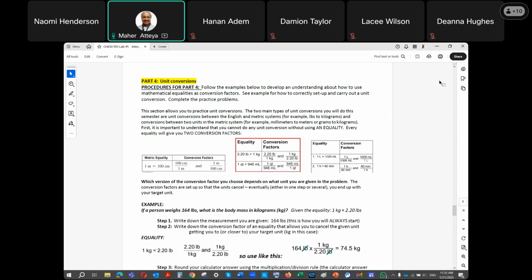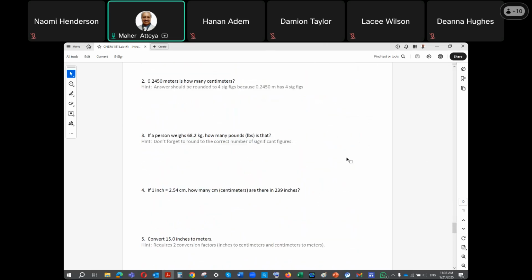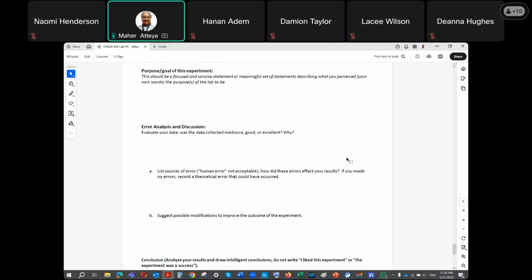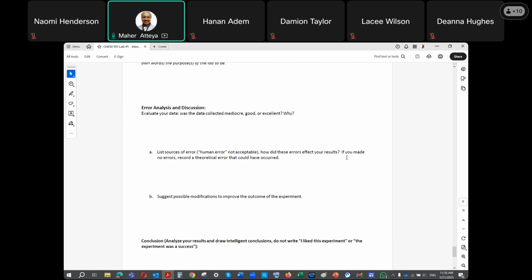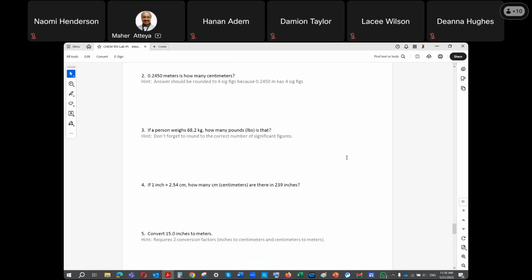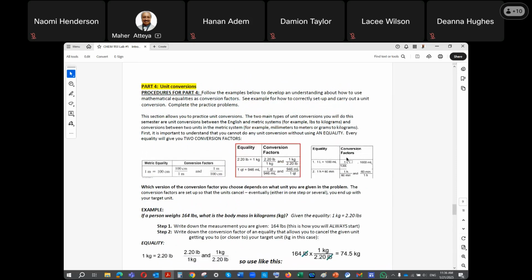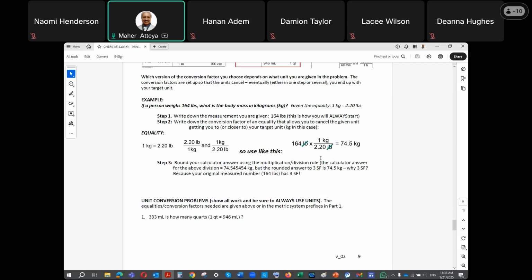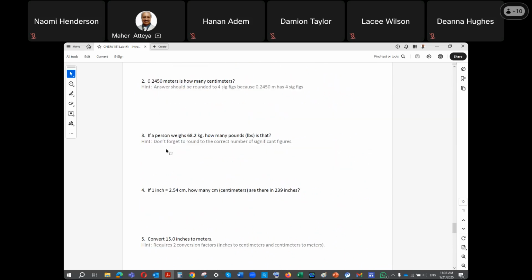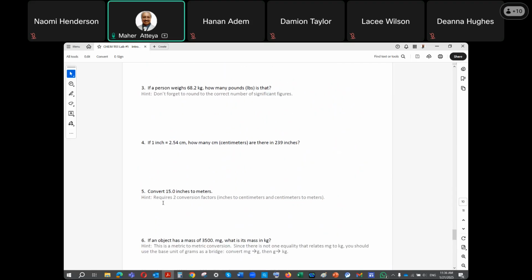You have to do those sig figs. I'll show you how to do those. An example of the lab report is given to you. So after the conclusion, since we have not done the lab, you will do those calculations, part of which are here. Conversions: an example is given to you from 2 to 5 or 2 to 6.